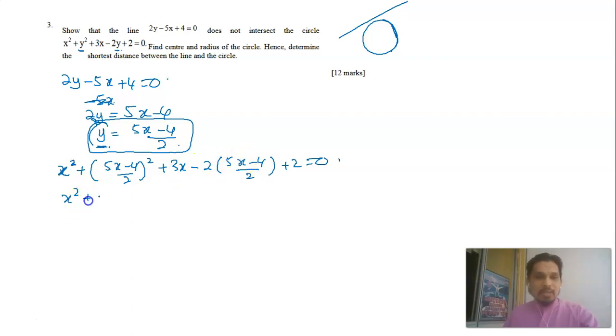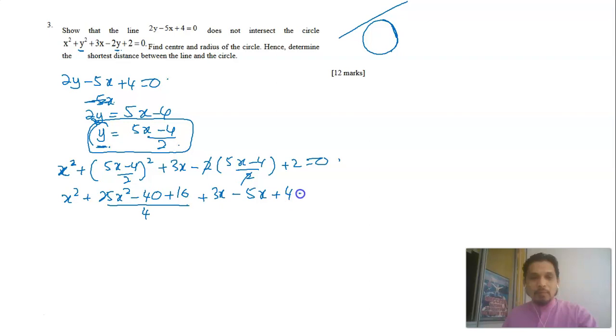Plus this one 25x squared, 5x times 5x. 5 times 4 equal to negative 20, negative 40 plus 16, divided by 2 squared equal to 4, plus 3x times 5x, negative 5, negative becomes positive 4 plus 2 equal to 0.